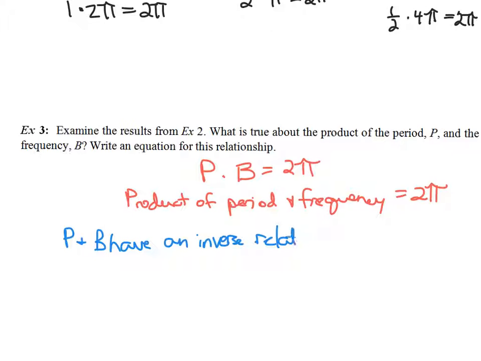What that means is that as one goes up, the other one goes down. So we could write that as the B value, the frequency, goes up, the period goes down. Now, of course, this inverse relationship would go the other direction also. As B goes down, P would go up.